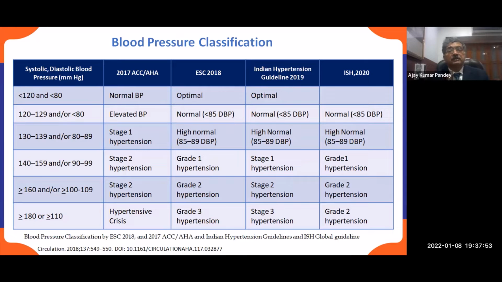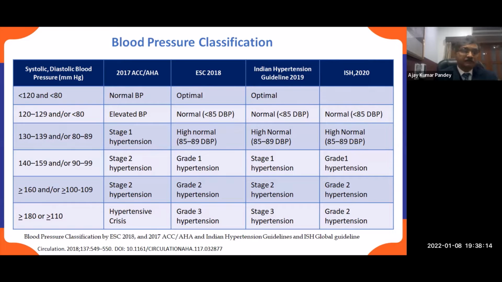So less than 130 by 85, as per Indian Hypertension Guidelines 2019 and International Society of Hypertension Guidelines 2020, we take as high normal when the diastolic blood pressure is between 85 to 89.